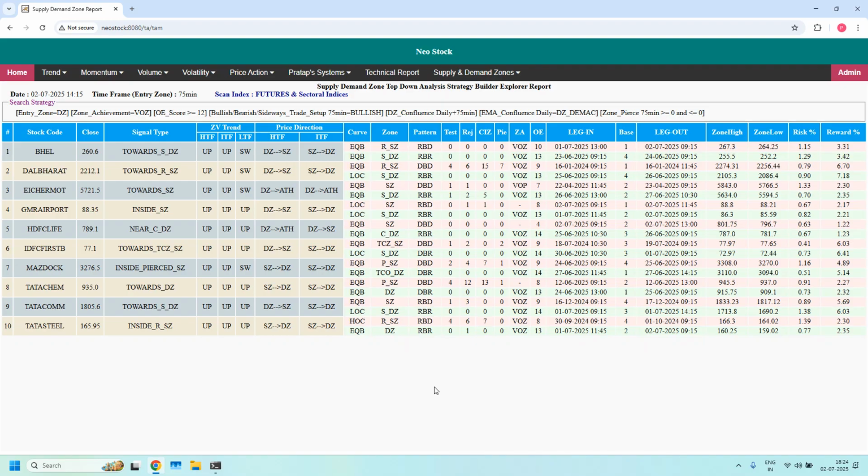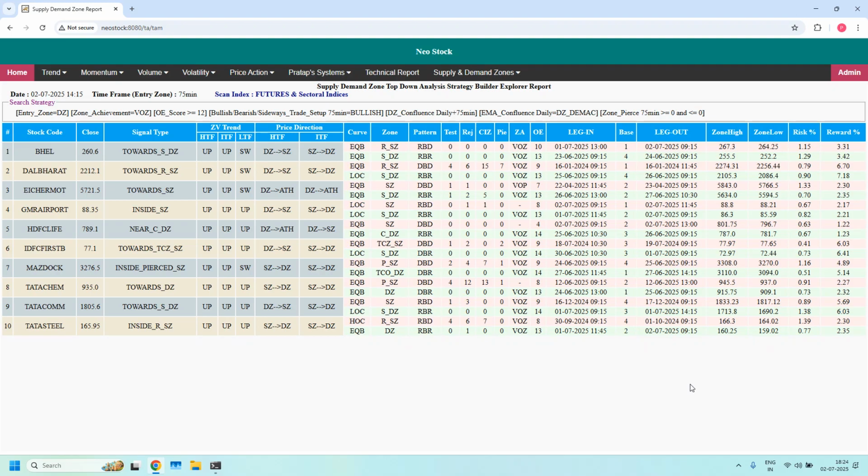Otherwise, there are higher chances those zones might be violated. Okay, this is based on LTF and ITF demand zone confluence and ITF EMA confluence. That is the 75 minutes and daily demand zone confluence and daily EMA confluence for daily demand zone.